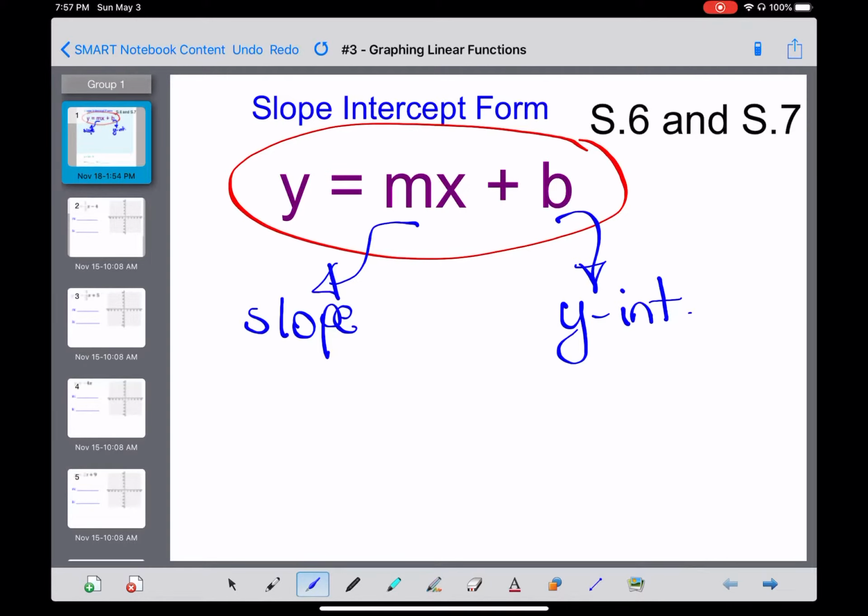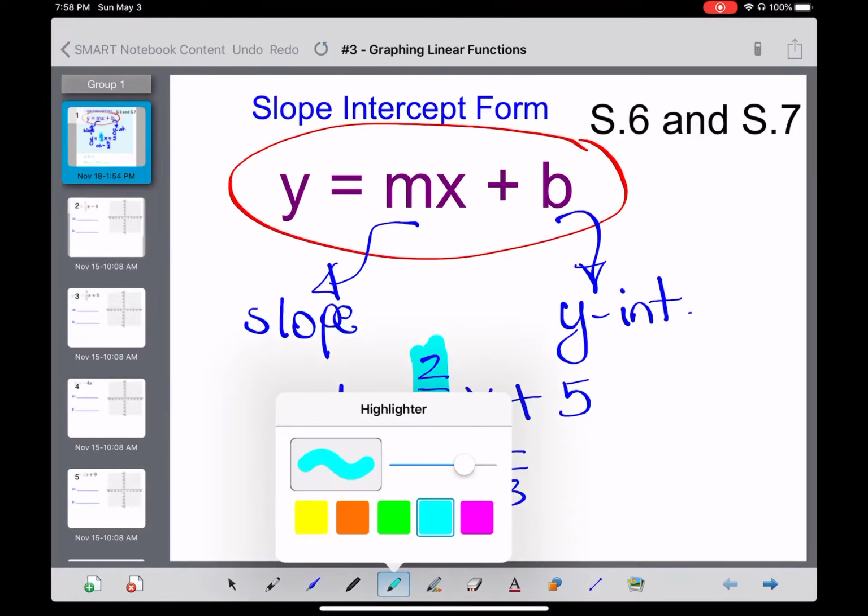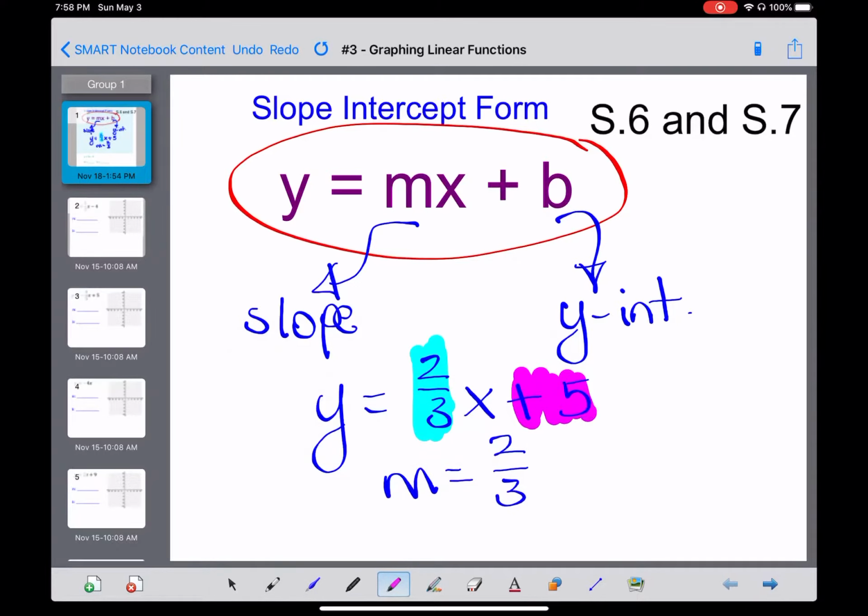So on S6, all you had to do, if they gave you something like y is equal to 2/3 x plus 5, was go in there and say, well, in here my slope is 2/3, so m was 2/3, and my y-intercept was just 5.